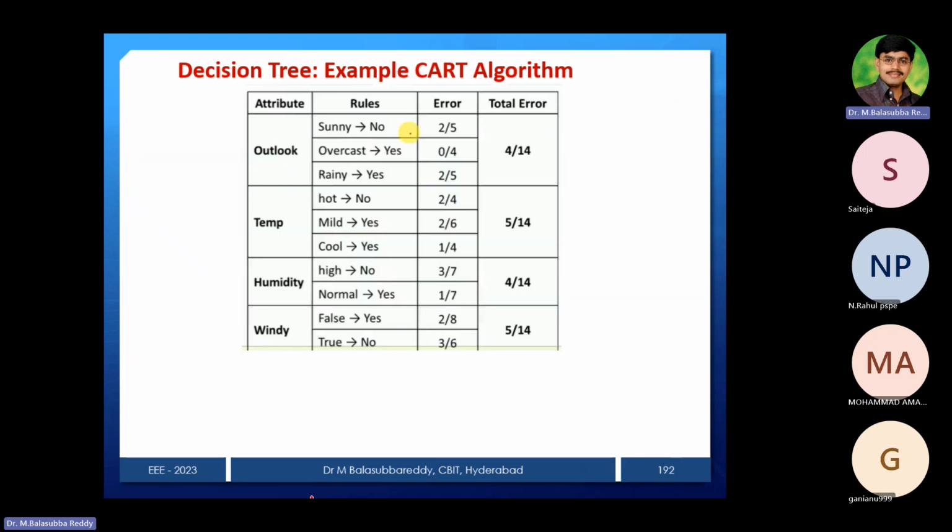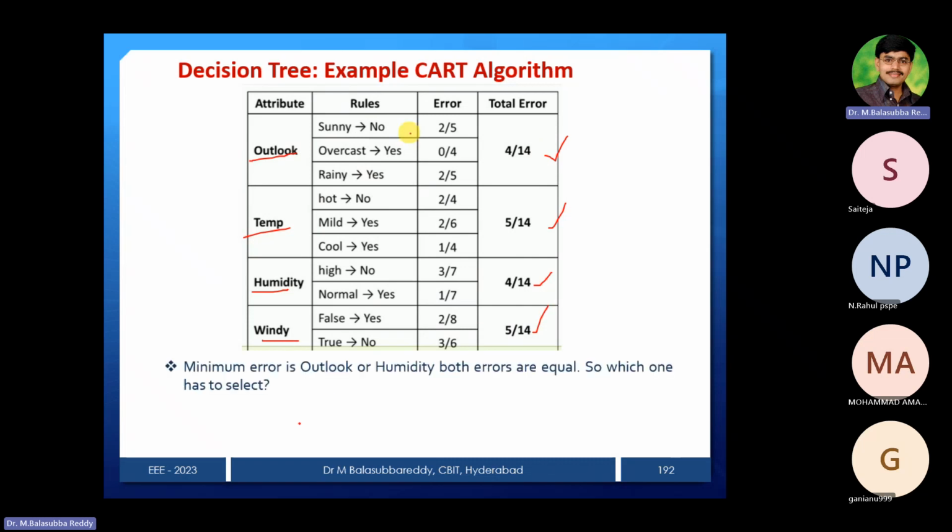So these are the final classification. That means outlook as the root node, error is this much; temperature, error is this much; humidity, error is this much; and windy is this much. Which one is the least? We have to take it. Minimum error is outlook or humidity, because both values are 4 by 14.